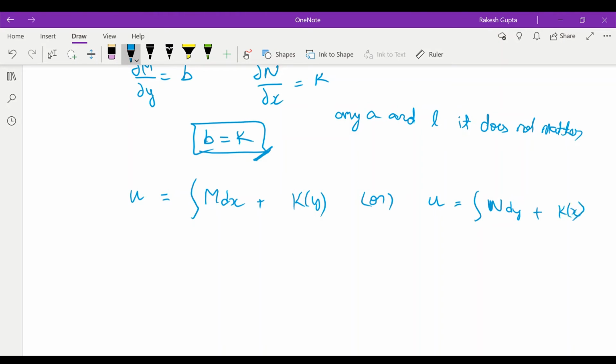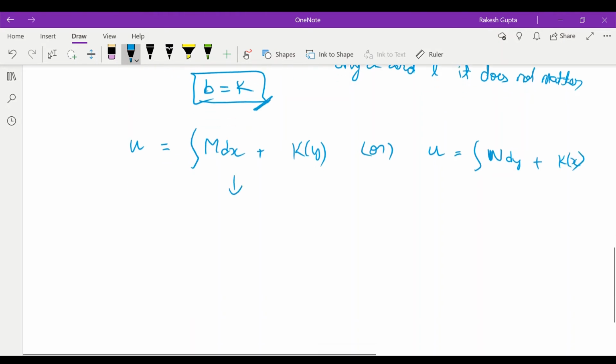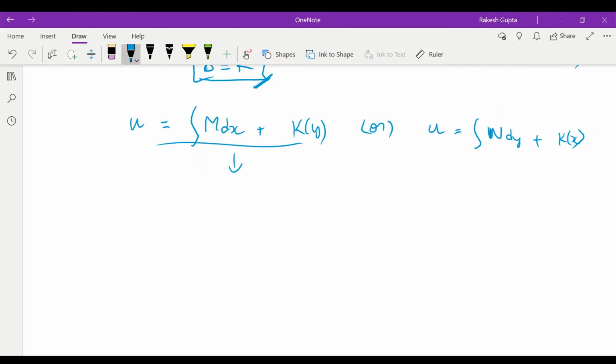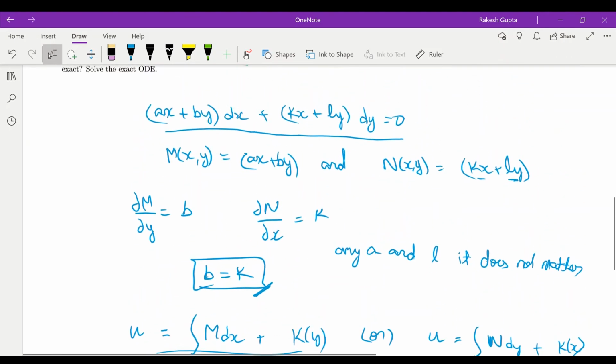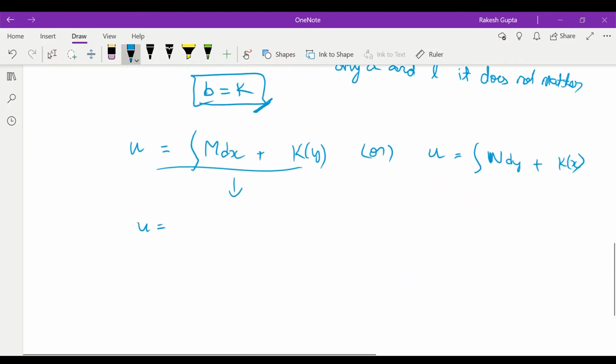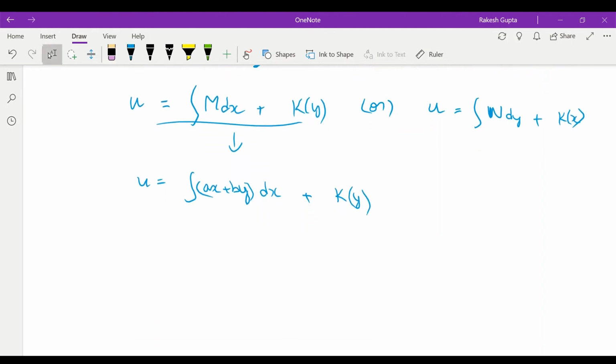So we are going to solve by using this. When we substitute m, we have m as ax plus by. So the integral of ax plus by dx plus some expression k of y in terms of y.